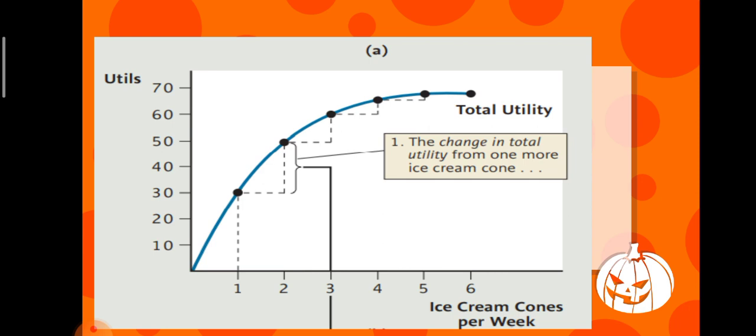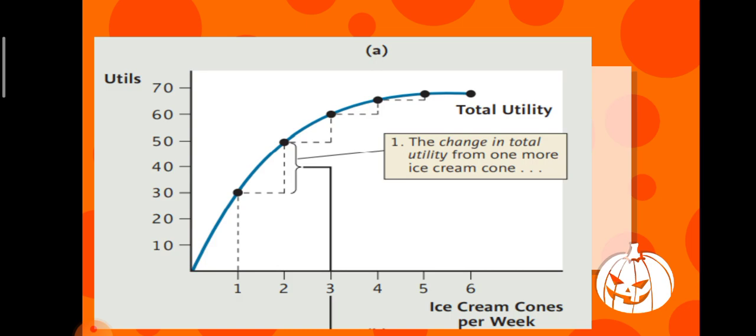So if Lisa values ice cream cones, her utility will increase as she acquires more of them, as it does in this figure, diba?